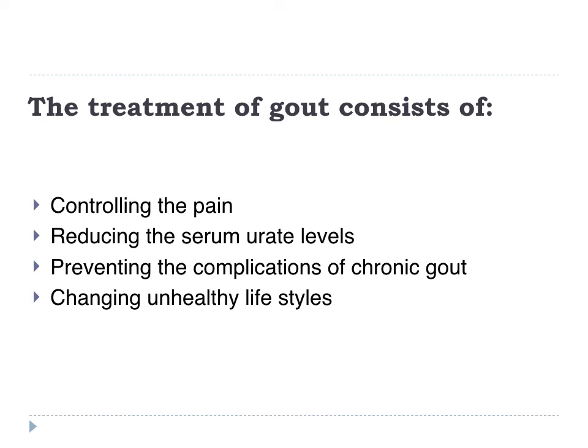Second, we reduce the urate concentration, preventing any complications of chronic gout, changing unhealthy lifestyles. Meaning that at that time the diet should be controlled, a healthy diet should be taken into consideration, along with the management of uric acid lowering drugs, any complications that might occur leading to organ damage, and of course controlling the pain.